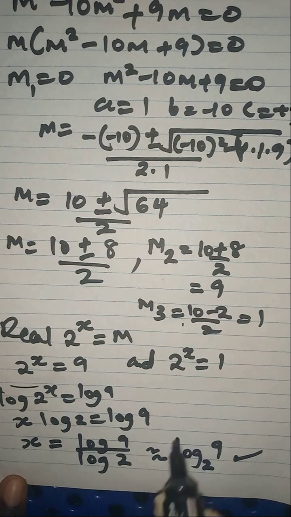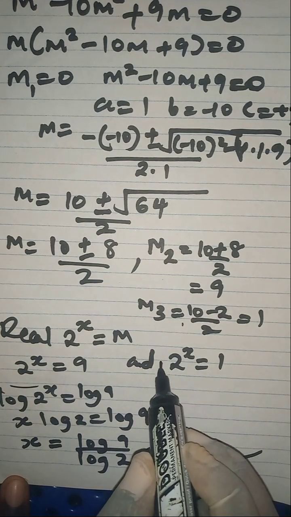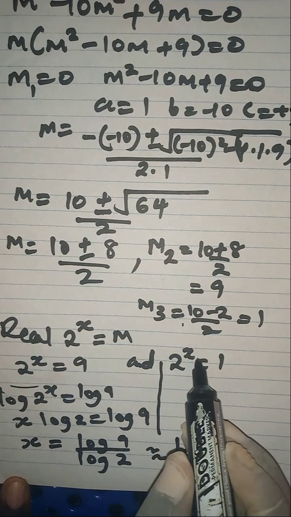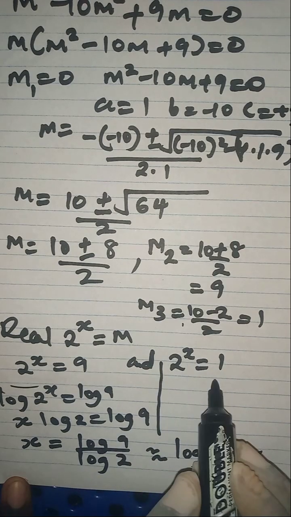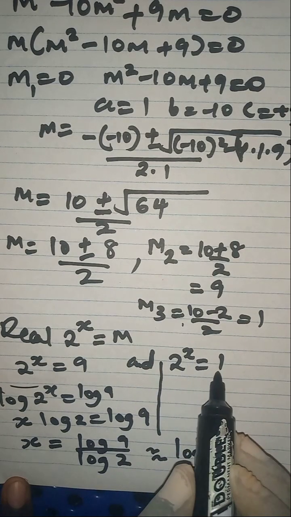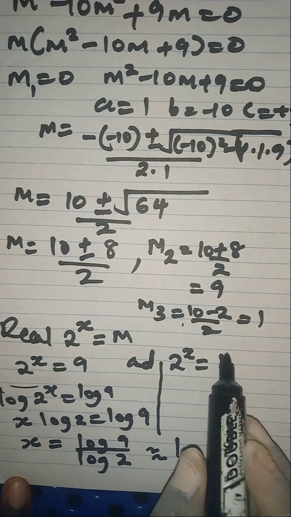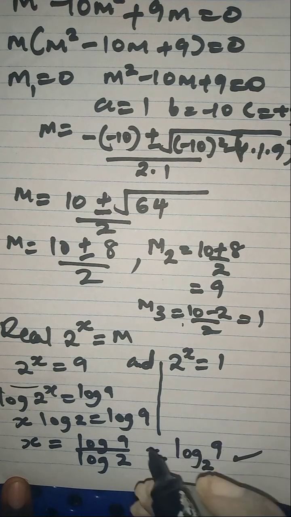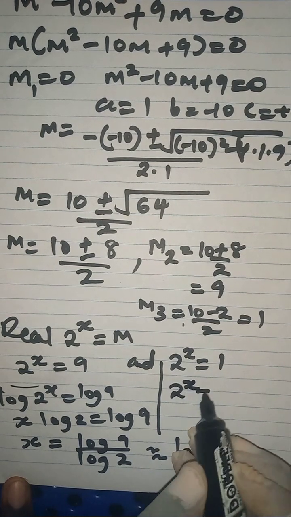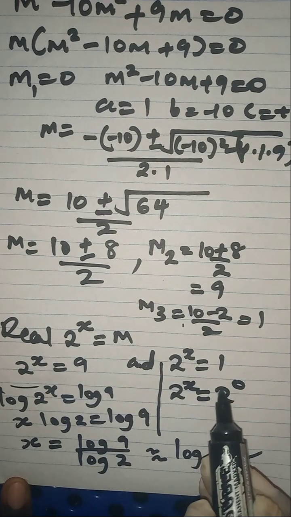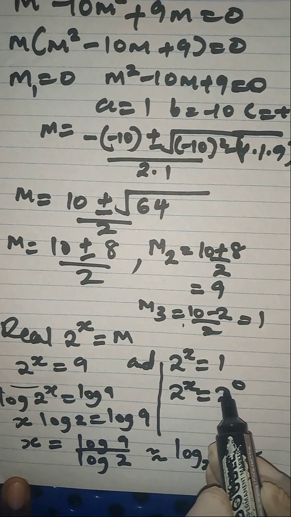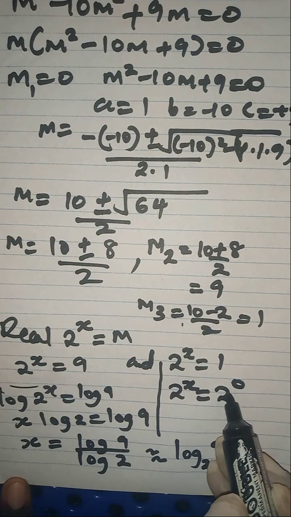And at this stage, for 2 raised to x is equal to 1, I need to identify a number that when I raise to power something, 2 raised to power something gives me 1. Of course, that means 2 raised to x is equal to 2 raised to power 0, since anything raised to power 0 is 1.